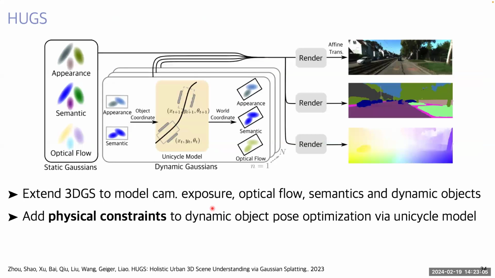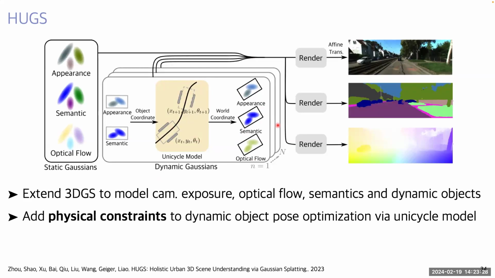And the key here is this part, where we add physical constraints to the dynamic object pose estimation via a unicycle model. I will show later that it improves the performance, because if you simply optimize the poses of the dynamic objects individually, it may converge to some local minimum.